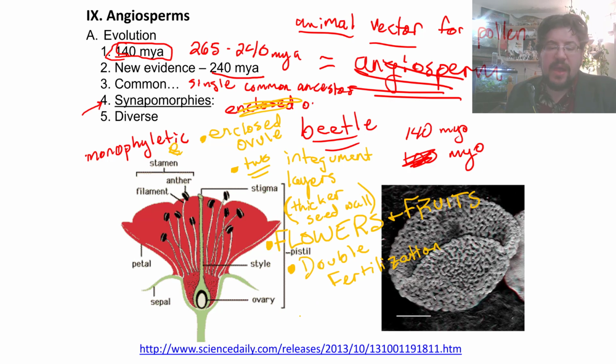And you know what? If I wanted to, I could even add animal vectors for pollen and seeds for these.